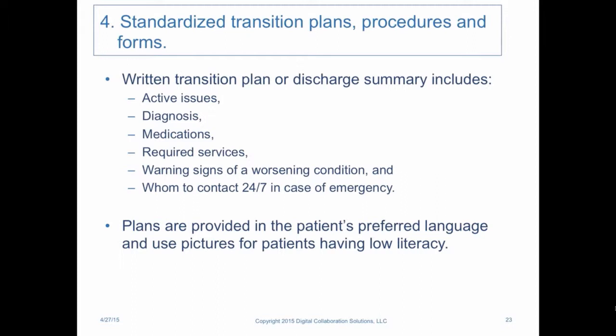These are downstream to the other folks who need to deal with the patient, right? So is there a good transition care plan? Is there a good discharge summary? Does the patient know who to call if there's a problem? Is there somebody there to call besides just an answering service if they have a question? And are you reaching them the way they want to get reached?